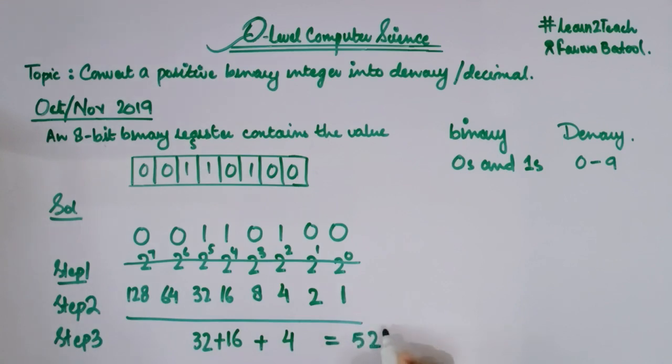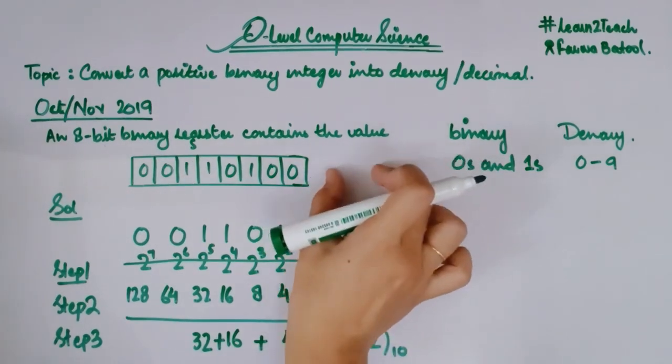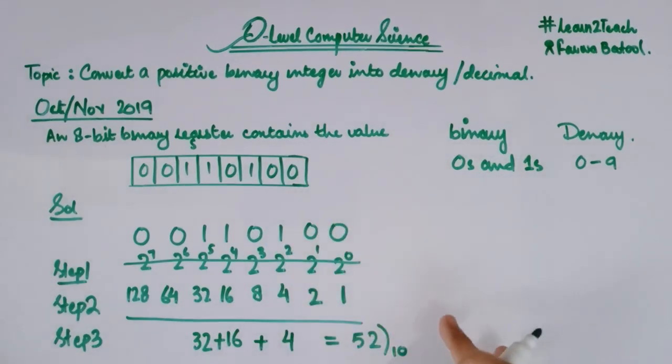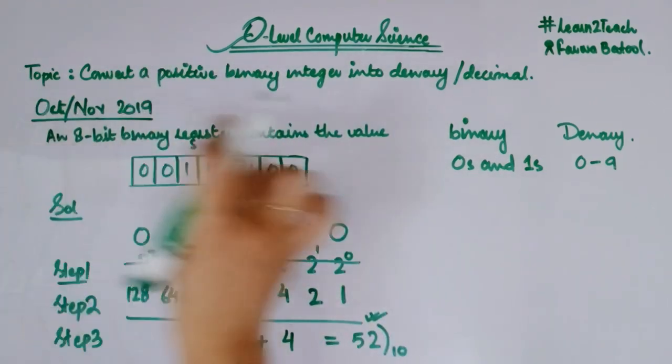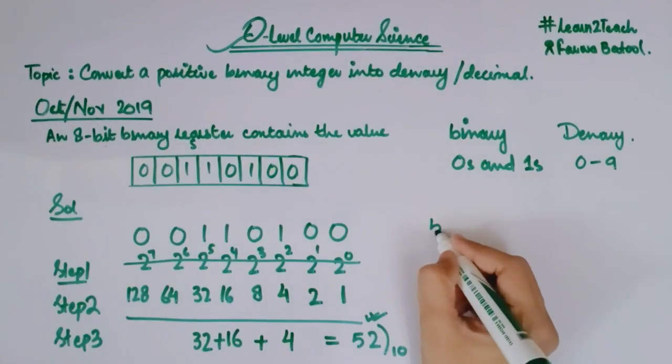So this is basically the denary or decimal value that is required in this quotient. When you solve that, you just write this number in the answer. So your answer for this given quotient would be just 52.